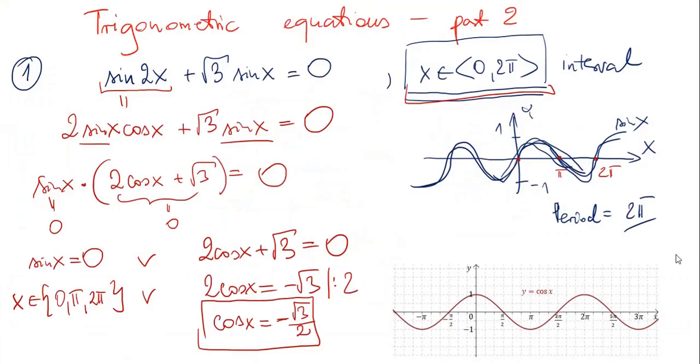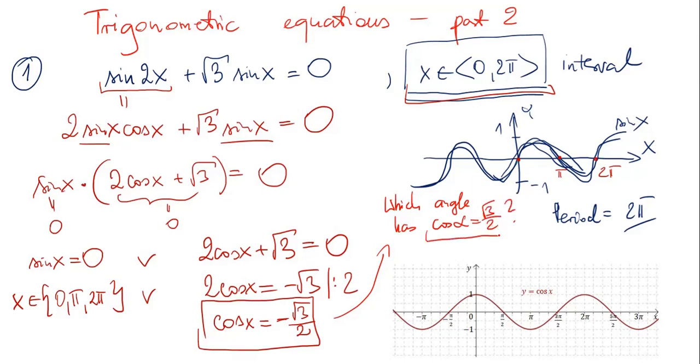Right. Okay, so this is our function, and we are looking for the number negative square root of 3 by 2. So of course, first of all, we have to remind ourselves which angle has cosine alpha, let's say, square root of 3 by 2.